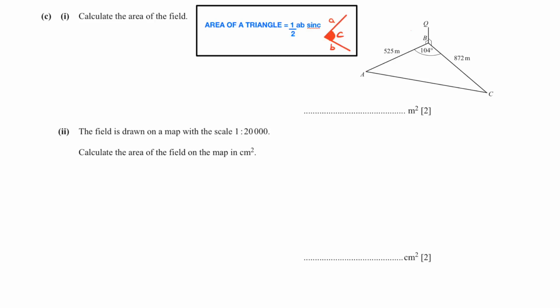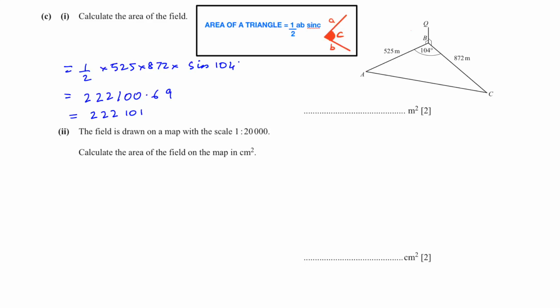So area is equal to half times 525 multiplied by 872 multiplied by sine 104. Knowing the formulas is very important. The answer is 222,100.69. We can round it to a whole number, so 222,101 square meters.